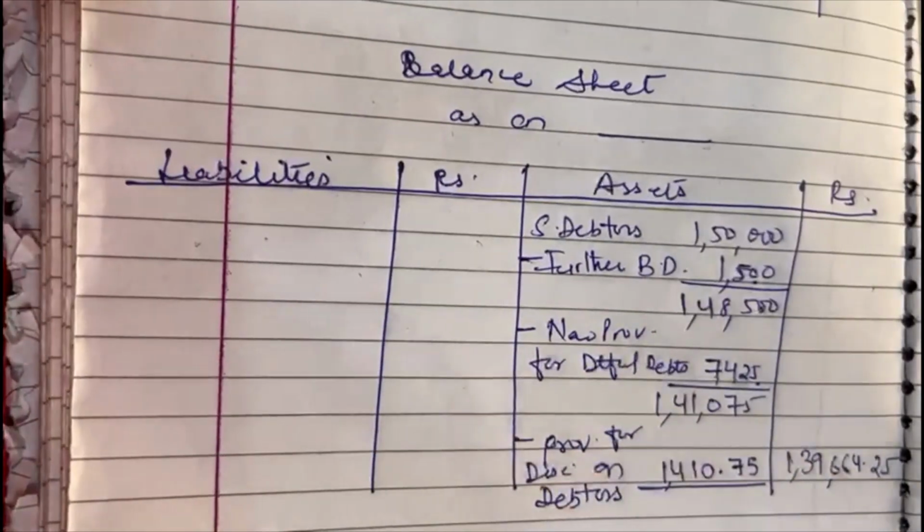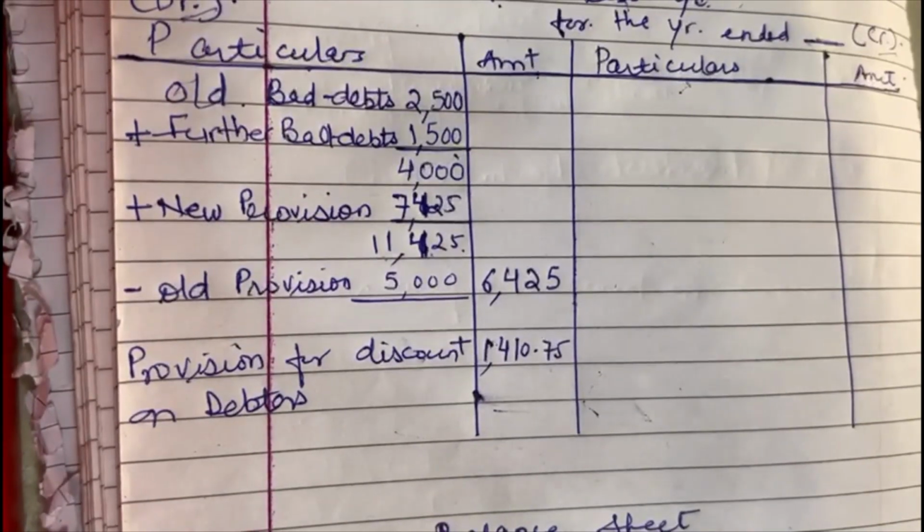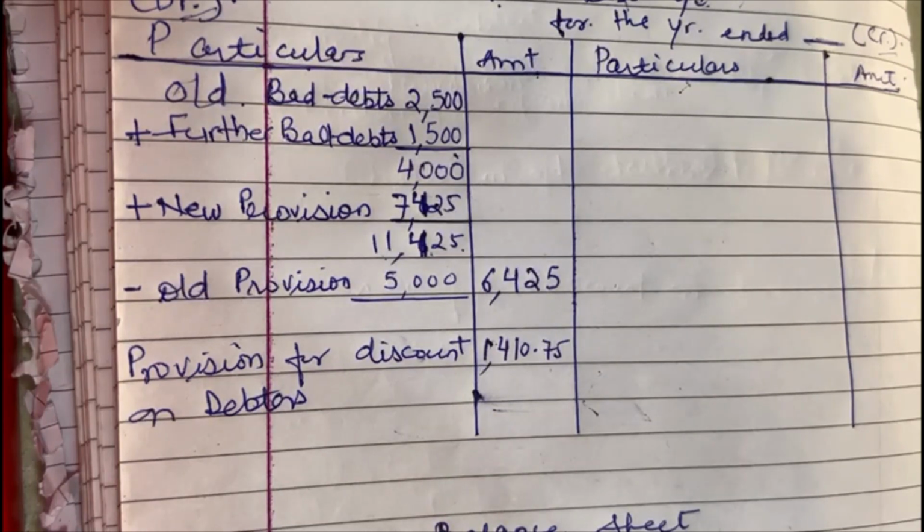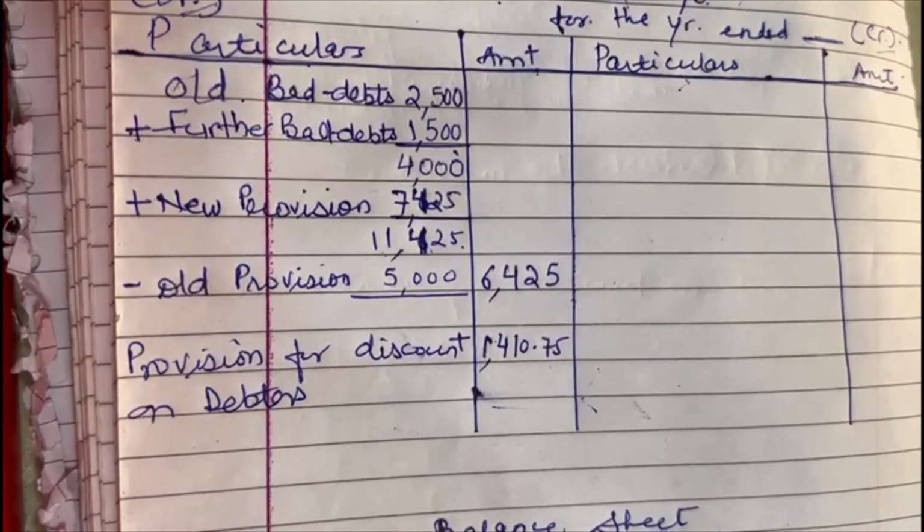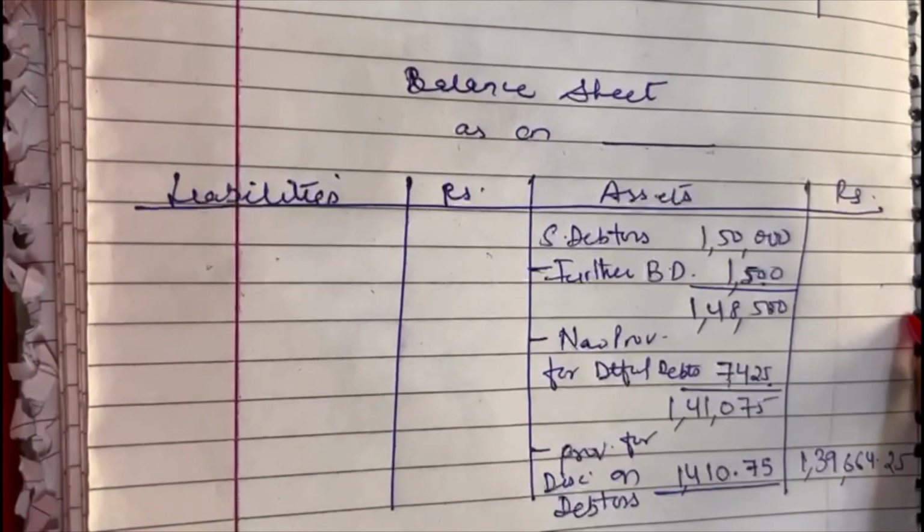And this is your complete solution for the question given जहां पर हमें शो करना था treatment of old, further, new provisions, old and further bad debts, new and old provisions for doubtful debts, and provision for discount on debtors as well. So this is your complete treatment.